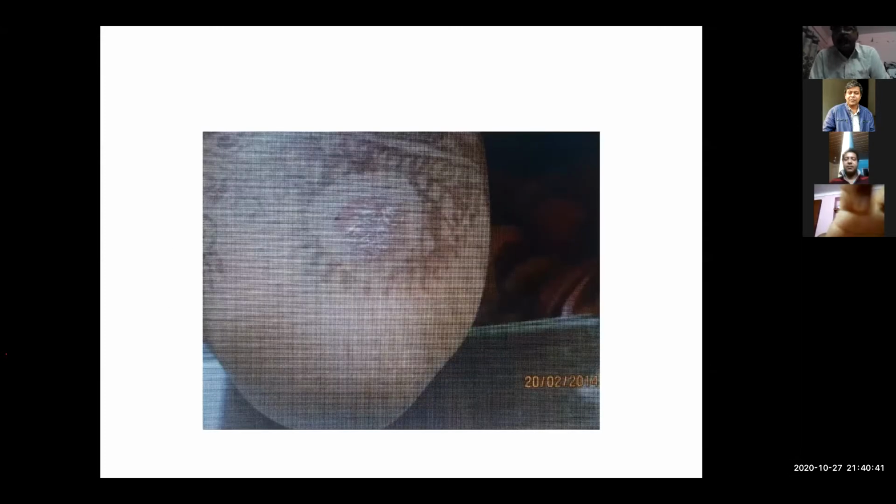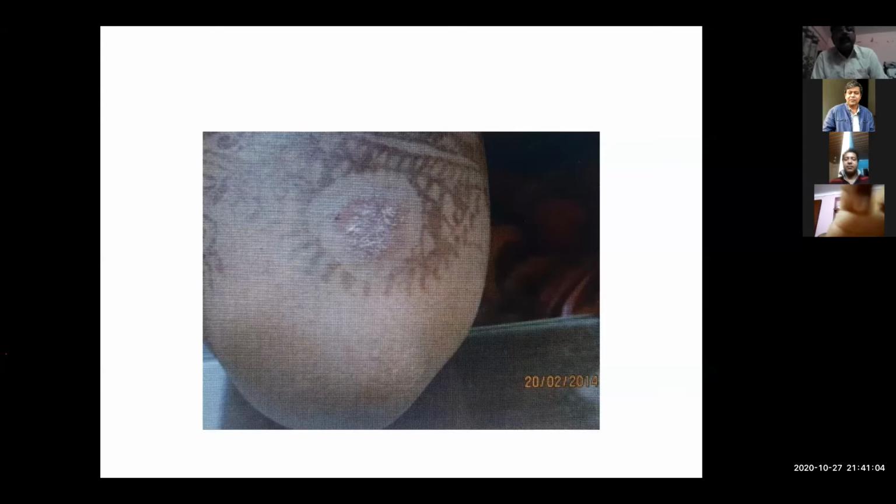This particular case, which I saw in 2014, you can see in the slide. Sorry, the quality of the slide doesn't look so good. You can see a scaly lesion over the extensor elbow, and surrounding it, you will find a mehendi decoration. This young lady, in her late 20s, I had seen 6 years back in my private clinic.